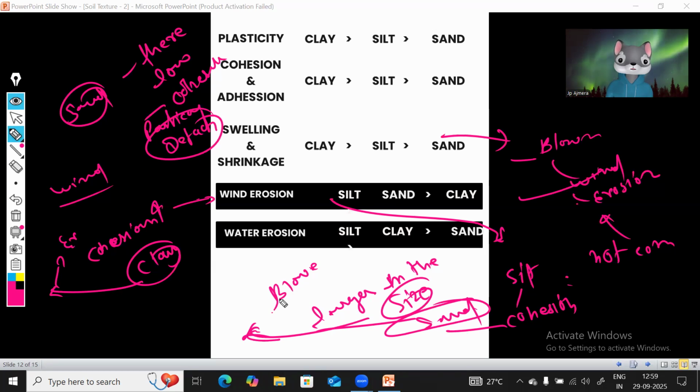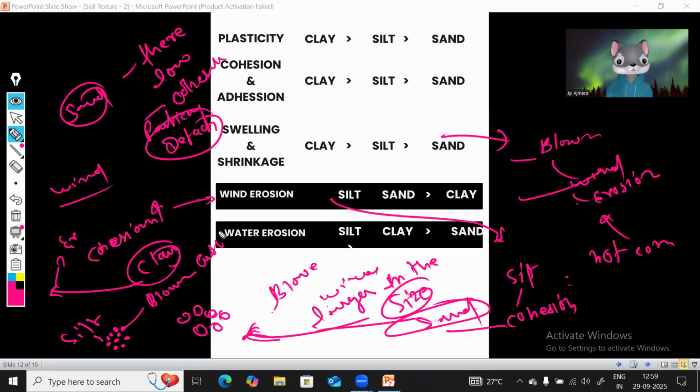But in the case of sand, the particles are smaller in size, so they move very easily, so less energy is required for sand in comparison to silt.